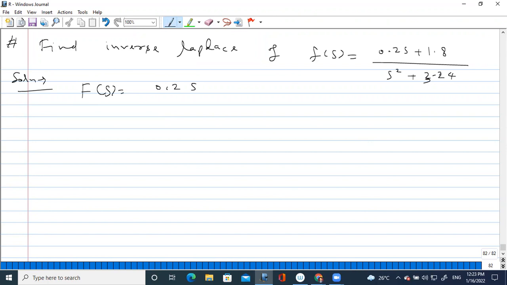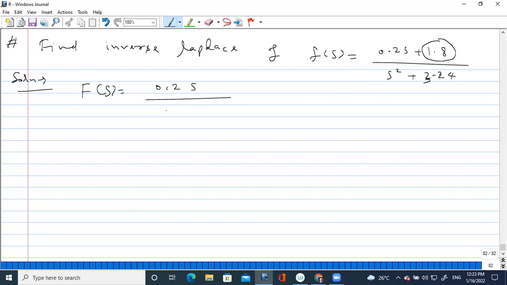Sir, 0.2 cos 1.8t plus sin 1.8t. Yes. If you do the square of 1.8, that will be 3.24. So from here only you will get the clue.